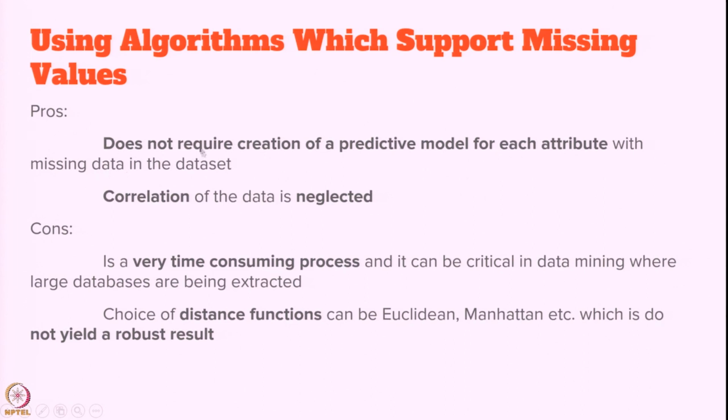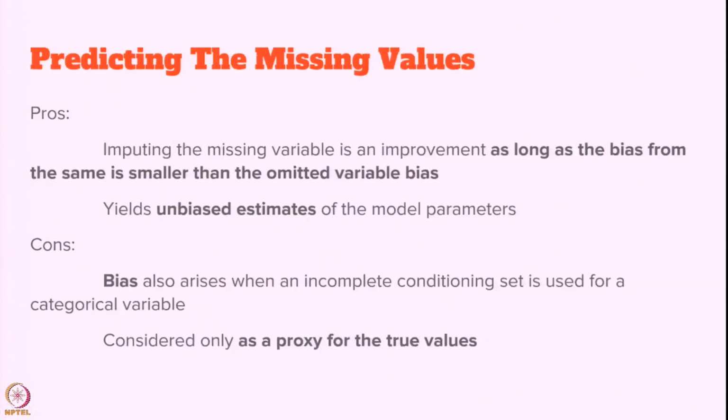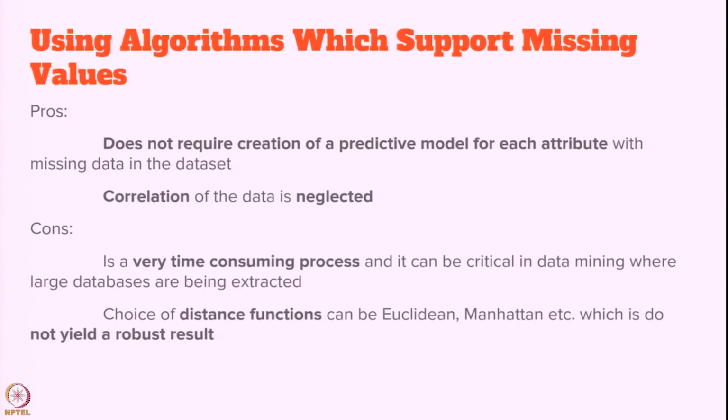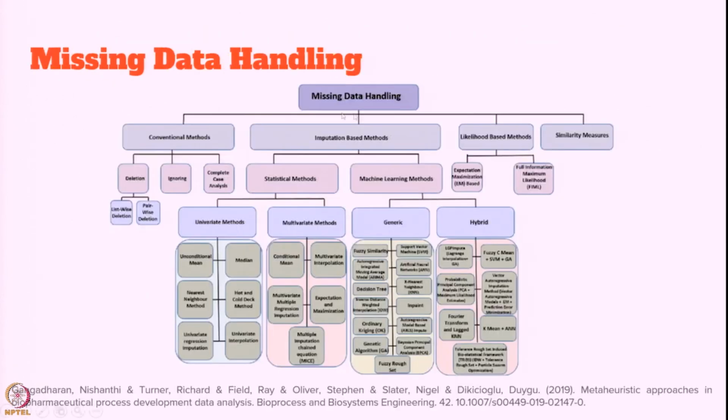So you are not creating your own predictive model, which again takes time depending on the data. And also the correlation of the data is always neglected when you use the support missing value. What do you mean by prediction and support? Since I did not discuss how to predict the values and how to use the support system, I am trying to give you the notion of how it works.